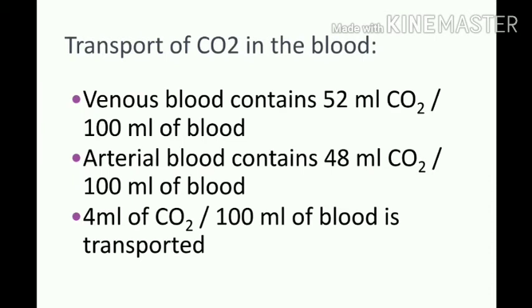As we have discussed, in the venous blood, carbon dioxide partial pressure is 45 millimeter of mercury, but at that partial pressure carbon dioxide is present about 52 ml per 100 ml of blood, whereas in the arterial blood, when partial pressure of carbon dioxide is 40 millimeter of mercury, carbon dioxide content is 48 ml per 100 ml of blood. So the difference, 4 ml of carbon dioxide per 100 ml of blood, is being transported.